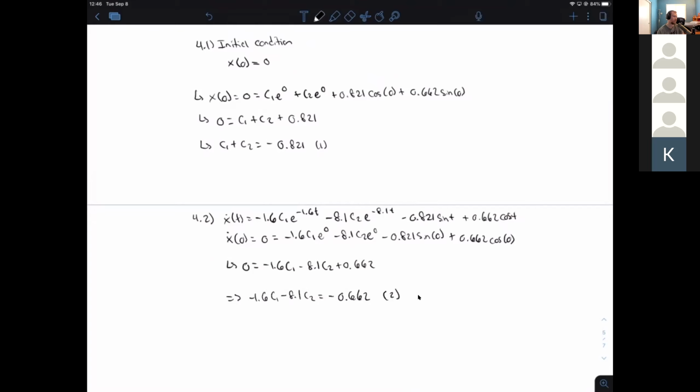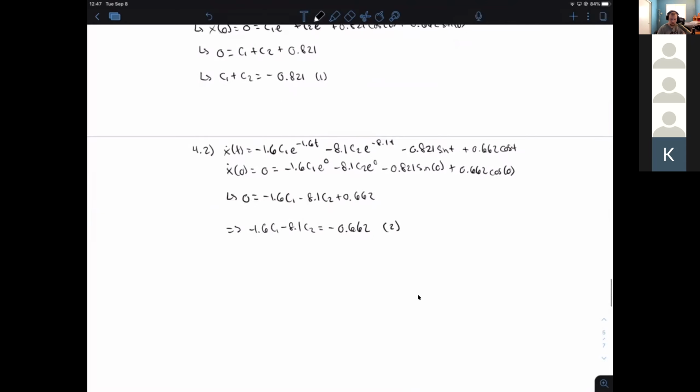So now we have, again, two equations and two unknowns. We can solve for this simultaneously with a calculator because we don't feel like doing any work. And then we can solve for that. C1 equals minus 1.12 and C2 equals 0.3. Okay, now we can plug all of this into what was our general solution.